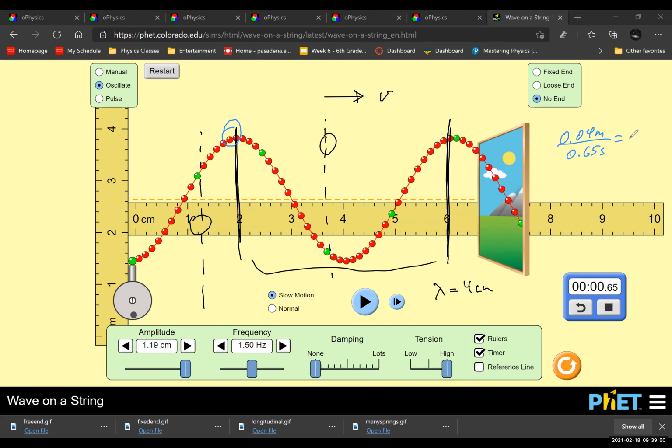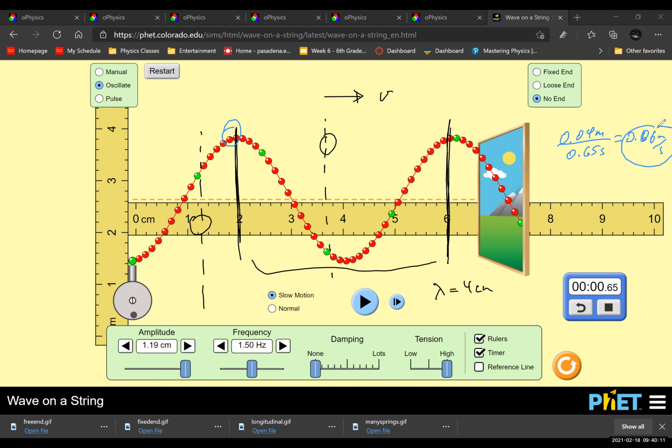So the wave speed will be 0.04 divided by 0.65. So that's 0.06, let's say, meters per second, which is roughly 6 centimeters per second. Okay, so that's basically the speed of this wave.